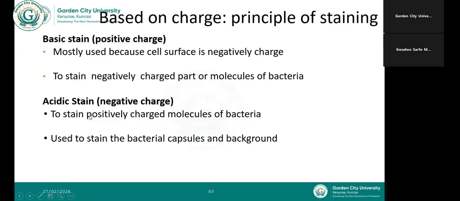To stain positively charged molecules of the bacterial cells, the individual components or structures, then you can go in for the acidic stain. And for this, you need to use the powerful microscope to see the individual structures that are stained. For example, the capsules, and then the background also gets stained and not the bacteria.